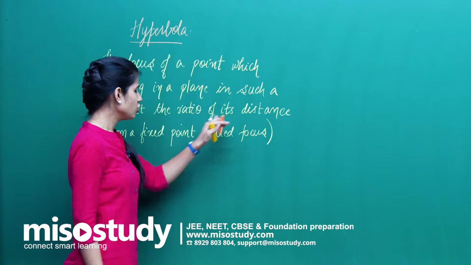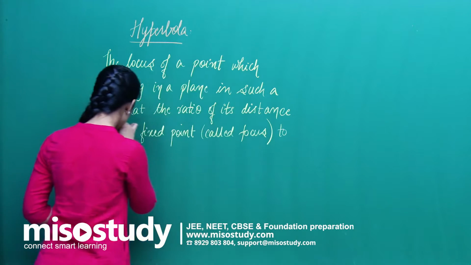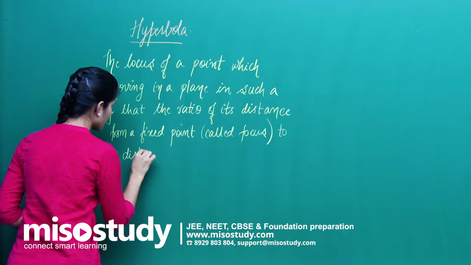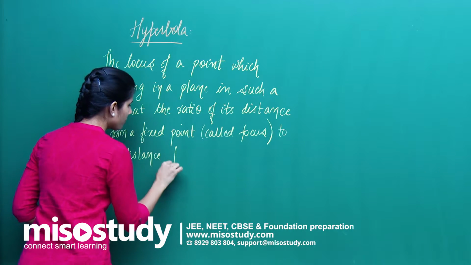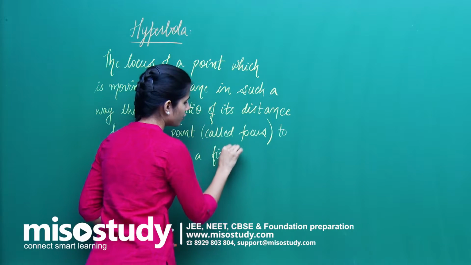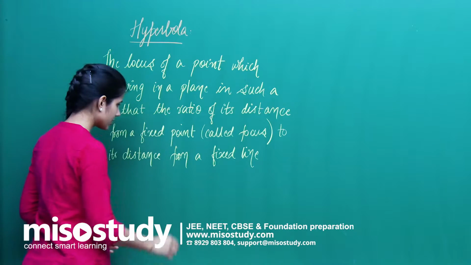such that the ratio of its distance from a fixed point to its distance from a fixed line, and what is that fixed line called? It's called the directrix.